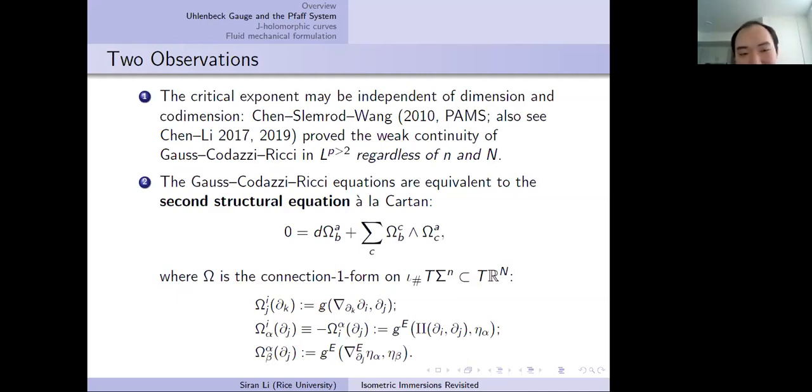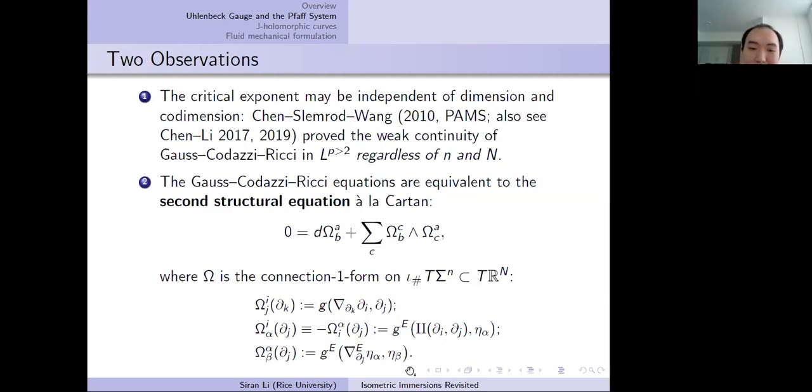And me with my supervisor Gui-Qiang Chen also had certain generalizations to arbitrary manifolds and also pseudo-manifolds. This Chen-Slemrod-Wang paper proved the weak continuity of the Gauss-Codazzi-Ricci equations in L^p for p greater than 2. And the important thing is that this 2 is critical regardless of dimension and codimension. So it made me think that probably this little n and capital N are immaterial.